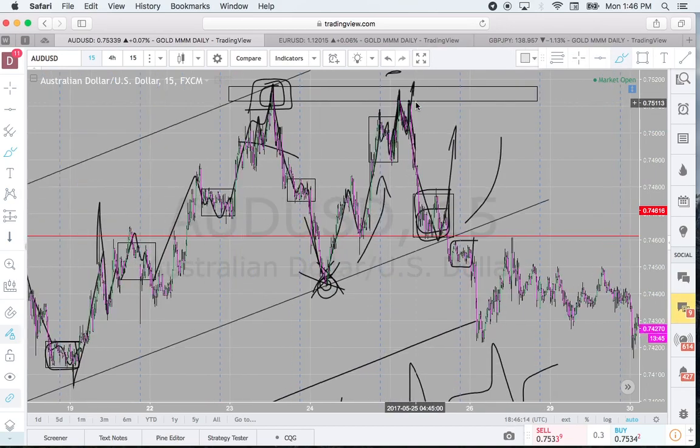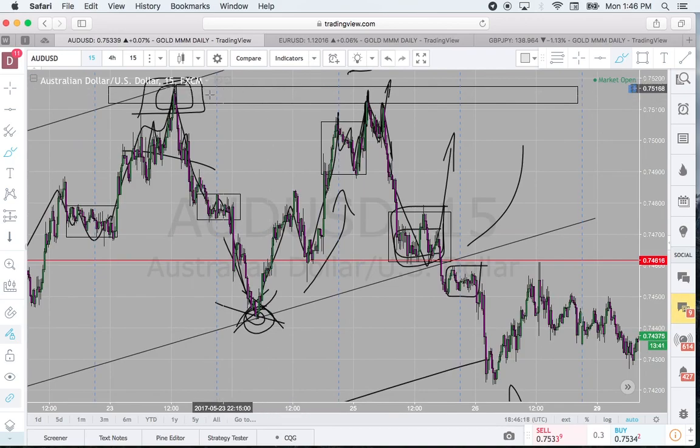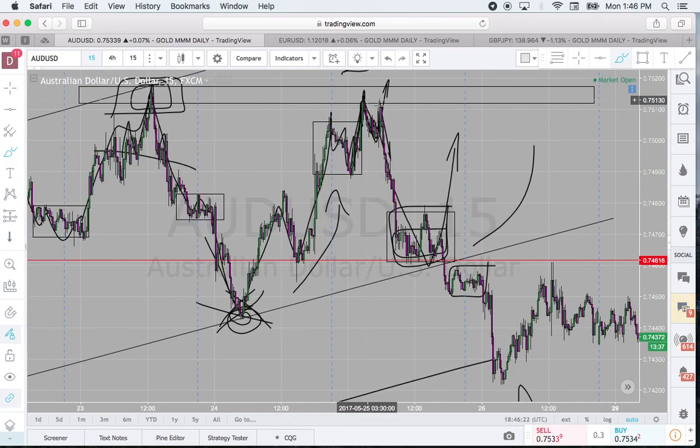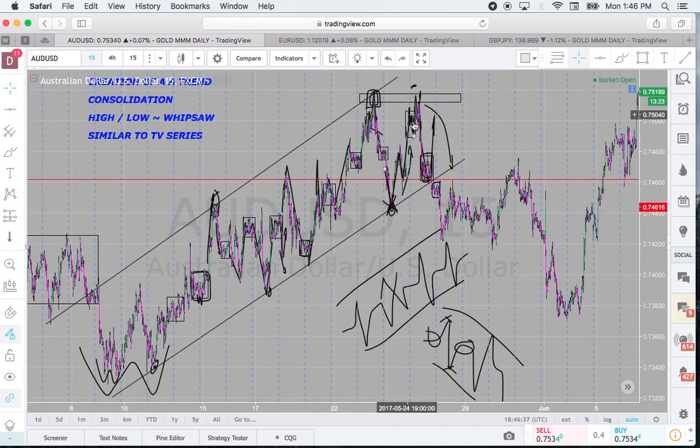But the dealer did not create a higher high. The dealer created a lower high, suggesting that the trend is now continuing in a different direction or reversing. And we can see that on our big M formation here.